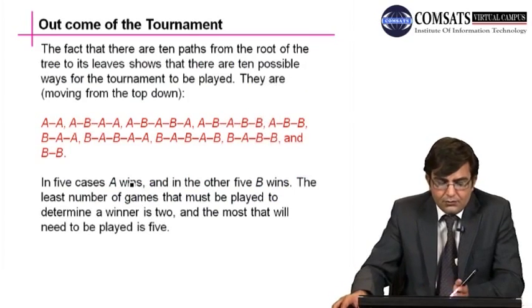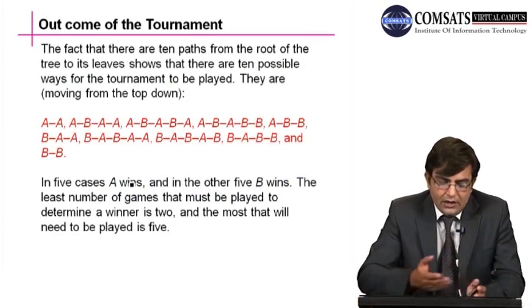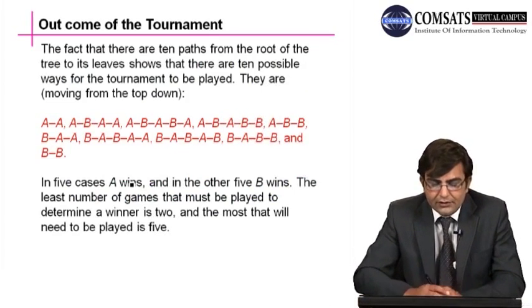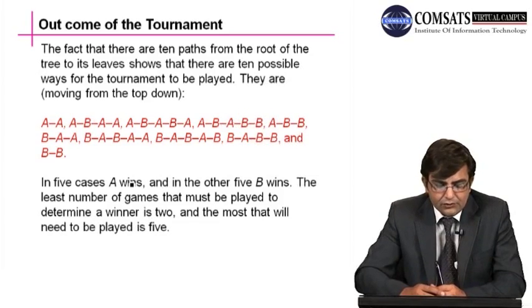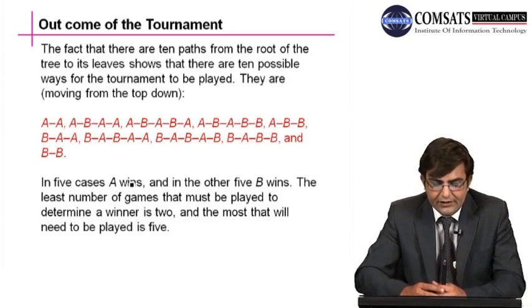Another example, this is basically the outcome of the tournament. I have explained you all, but here on the slide I have given all the possibilities which this tournament can have.